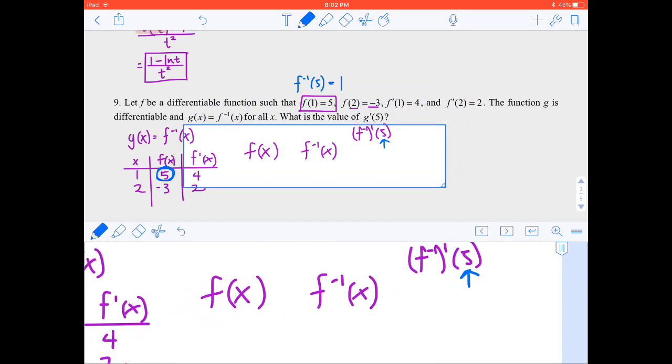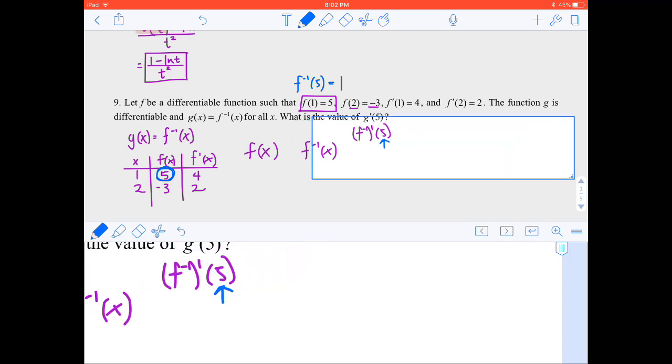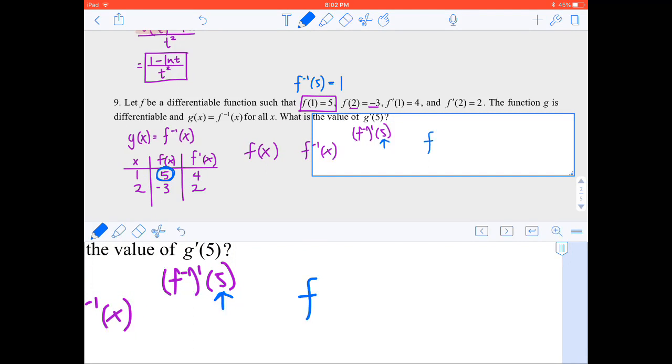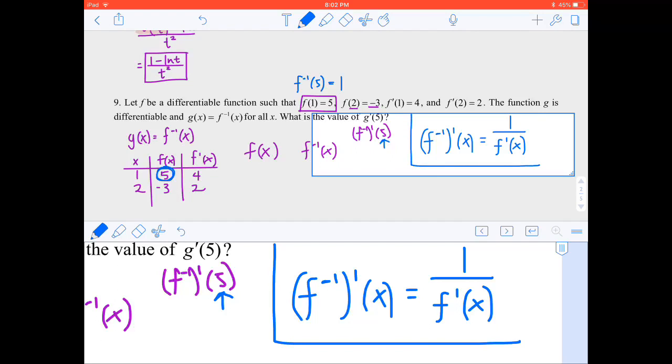So what we do here, since we're taking the derivative of any inverse function, is always equal to the reciprocal of the derivative of its original function. This is a rule that you want to make sure you remember and keep in mind always.